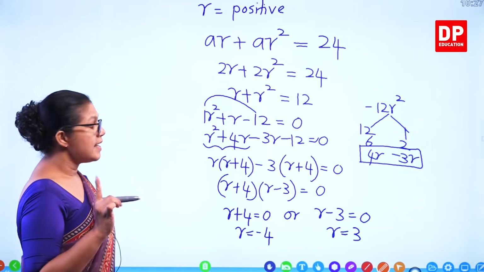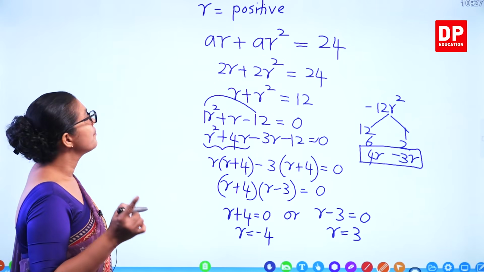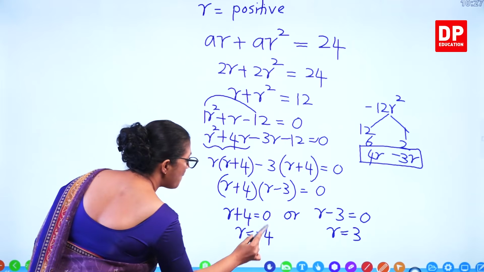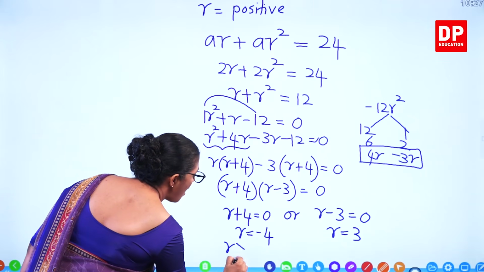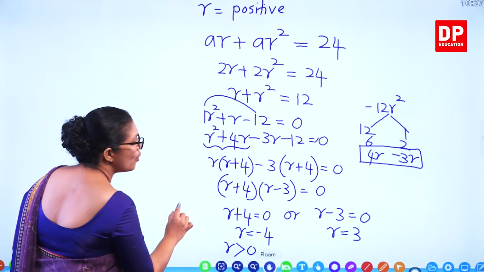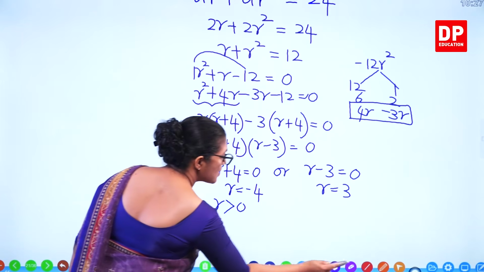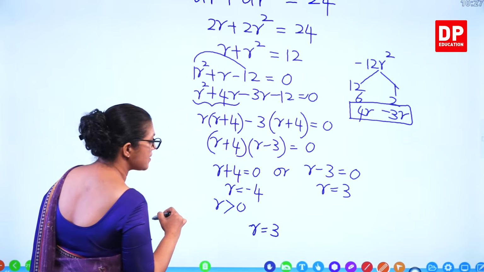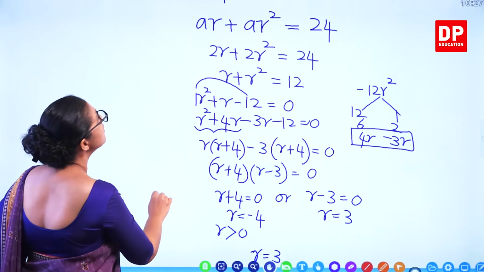Can you get a negative 4 value here? No. Why? Because it says r is positive. As r is positive, you can't take minus 4. So the value is plus 3. That's the answer.